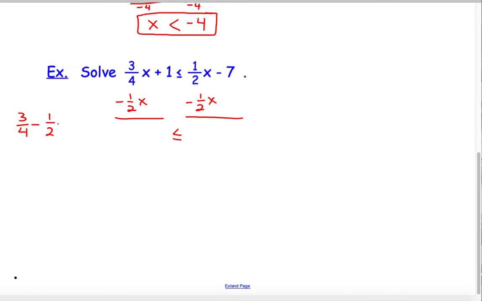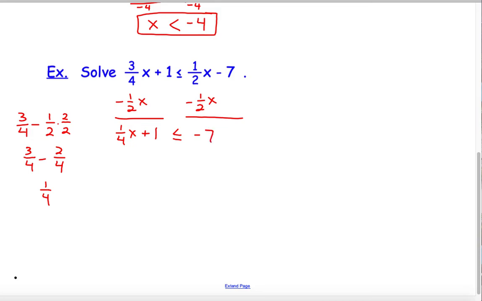So I need to take that 1/2 and multiply by a form of 1, which doesn't change its value, but now we'll have the same denominator. So we have 3/4 minus 2/4, and that's going to give me 1/4. So 3/4 x minus 1/2 x gives me 1/4 x. And don't forget that plus 1 that's still there on the left. And over on the right side, the 1/2 x and minus 1/2 x cancel, and I have a -7.